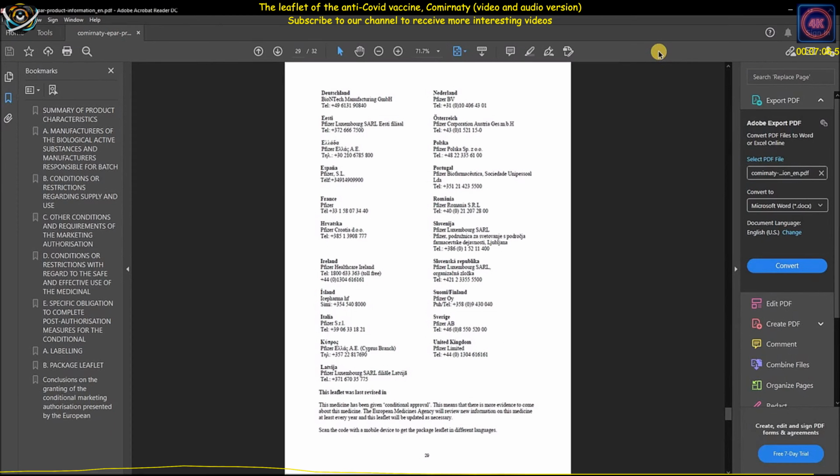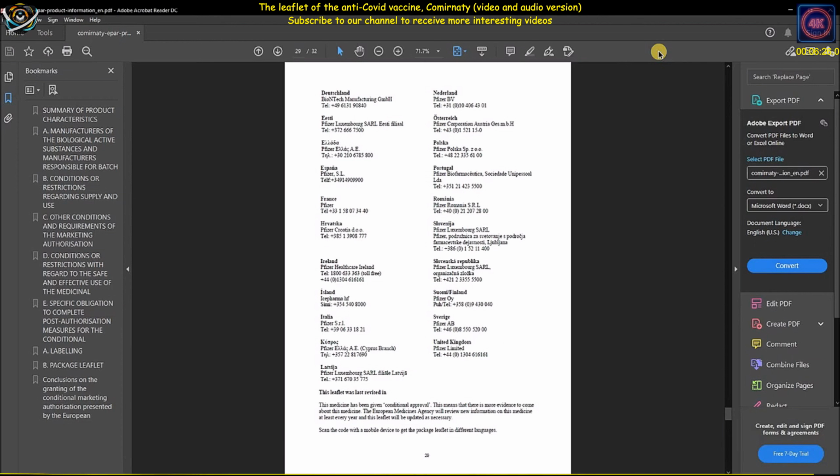España, Pfizer, S.L., Telf +34 91 490 99 00. Portugal, Pfizer Biopharmaceuticals, Sociedade Unipessoal Lda., Tel +351 21 423 5500. France, Pfizer, Tel +33 1 58 07 34 40. România, Pfizer România S.R.L., Tel +40 (0) 21 207 28 00.